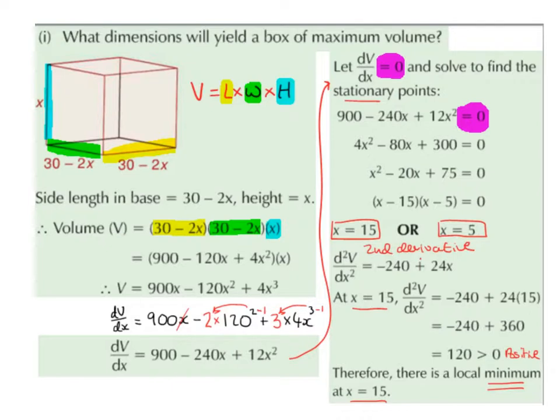And we know that the volume of a cube or cuboid is length times width times height. So we swap the length for 30 minus 2x with brackets. We swap the width for 30 minus 2x with brackets. And we swap the height for x with brackets. So volume, V, equals 30 minus 2x multiplied by 30 minus 2x multiplied by x.